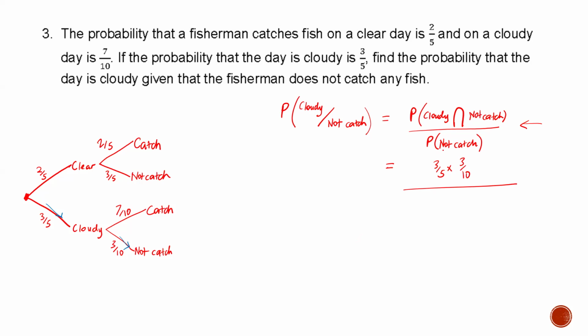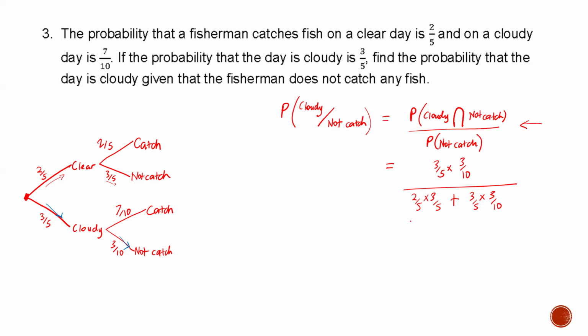And then for the probability of him not catching, we look at all instances that end up in him not catching. So that also includes when it was clear and he did not catch. So we'll have 2 out of 5 times 3 out of 5, plus 3 out of 5 times 3 out of 10.